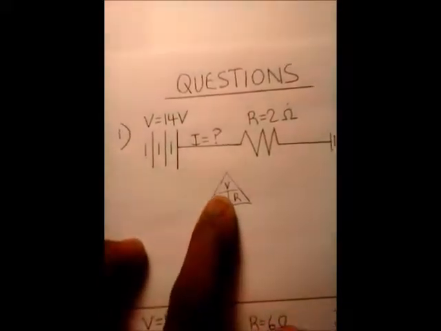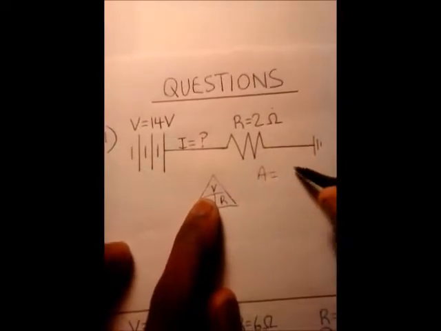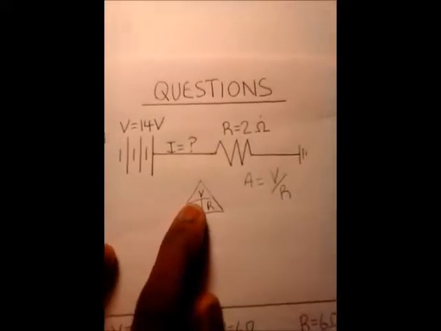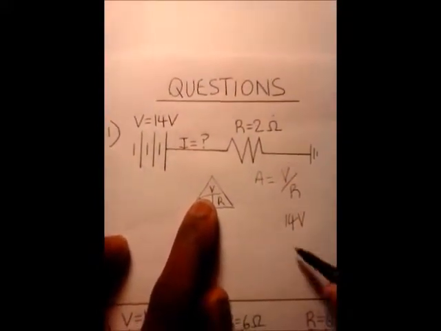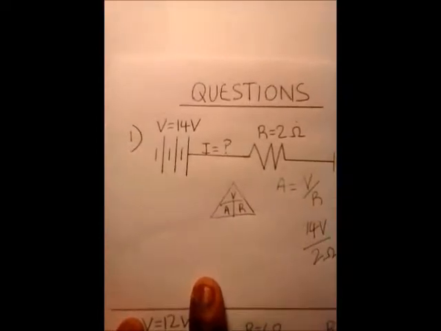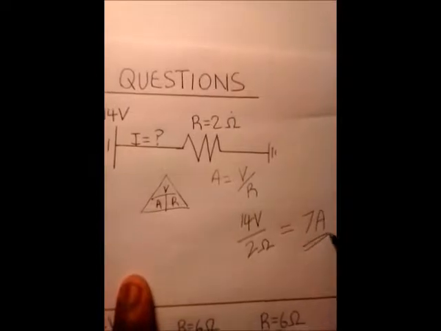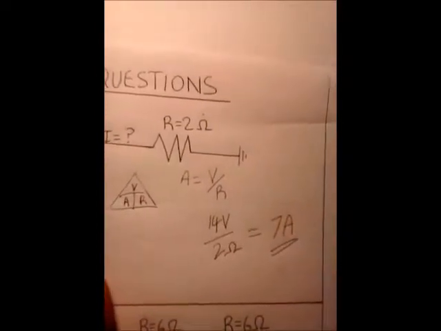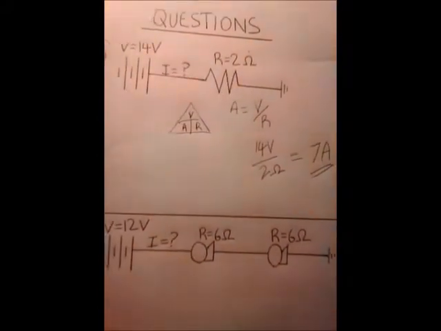We cover the current part. Now we're left with current being equal to volts divided by R. What's the voltage? 14 volts. What's the resistance? 2 ohms. Was it hard, guys? No, it's not hard. Moving on to the next one.